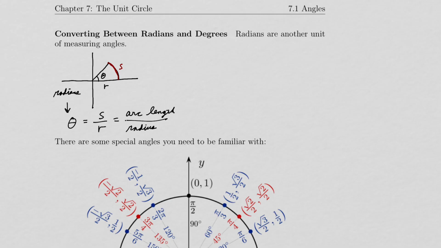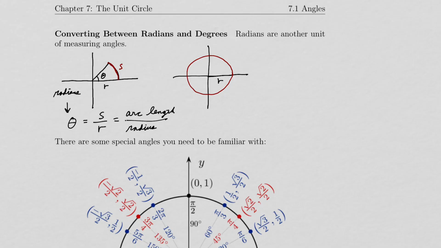All right, so how does that relate to degrees? Well, think about a full rotation, right? So if I draw a full circle, what is my arc length if I have a full circle? So the radius is still r, right?